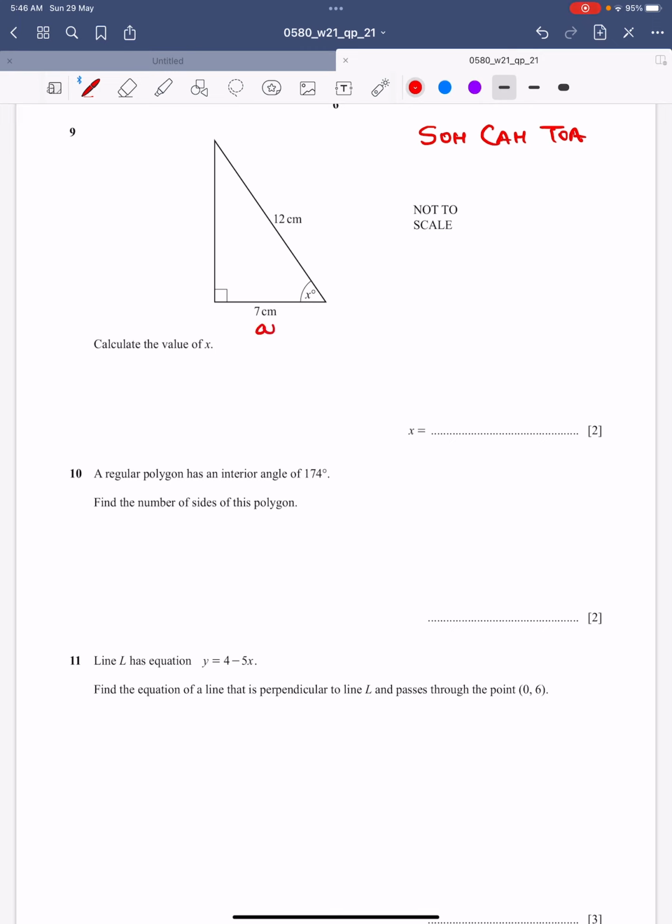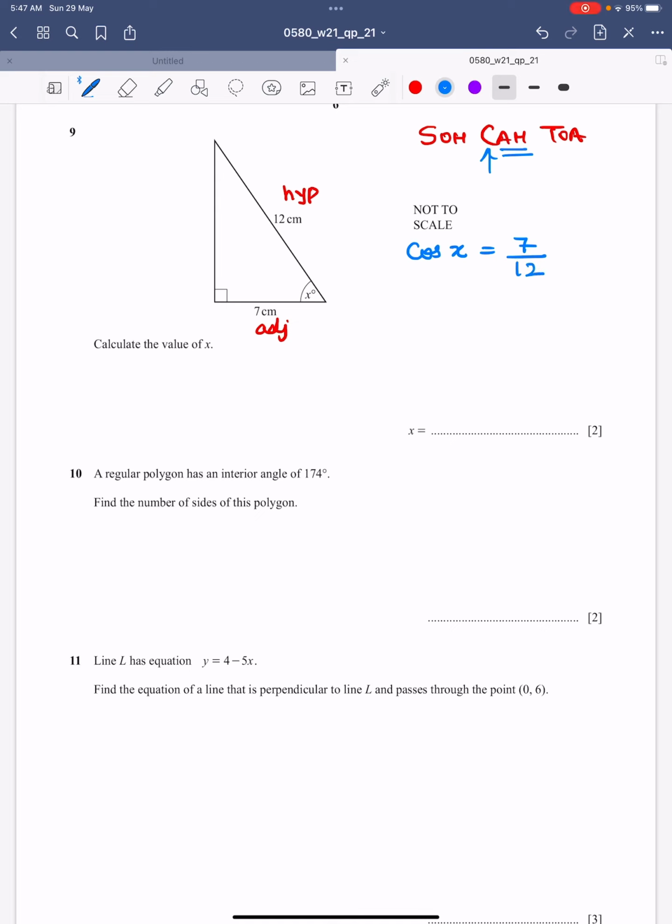This is the adjacent side as it is holding the angle, and this is the hypotenuse as it is opposite to the right angle. So adjacent and hypotenuse come into the ratio, which means cos. So we have cos of the angle x is equal to adjacent over hypotenuse.